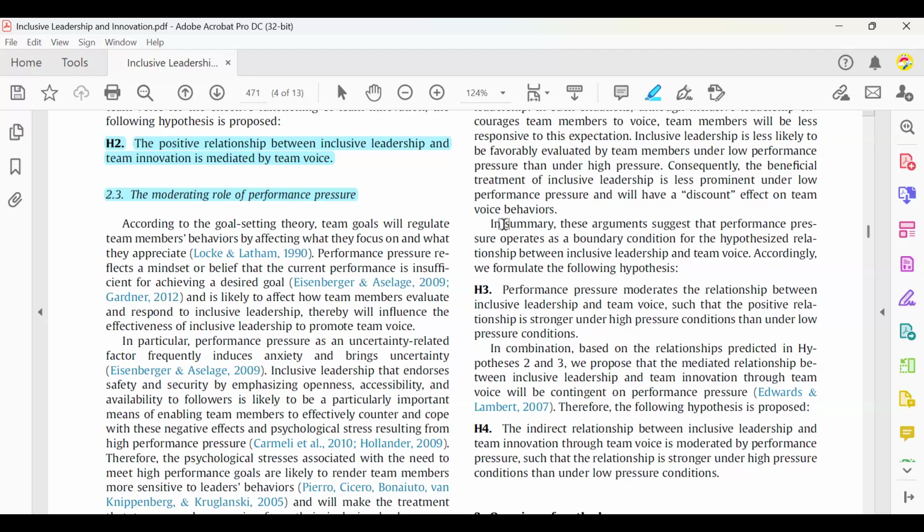And in summary, these arguments suggest the third hypothesis, which is that performance pressure moderates the relationship between inclusive leadership and team voice, such that the positive relationship is stronger under high pressure conditions and lesser under low pressure conditions.